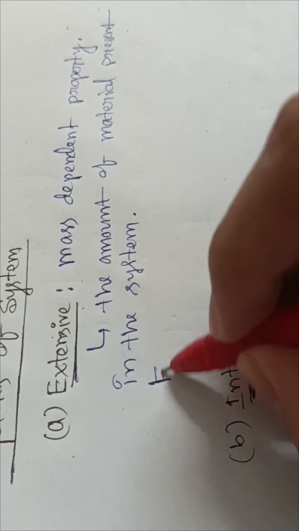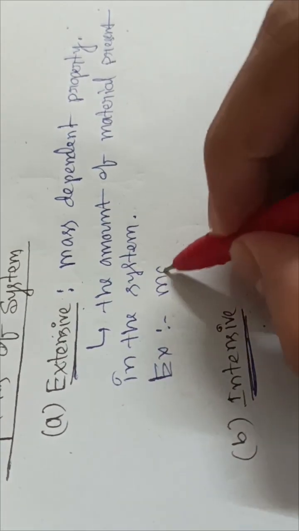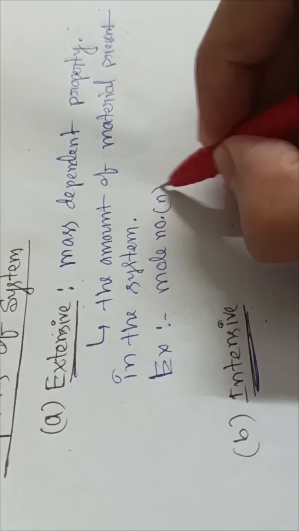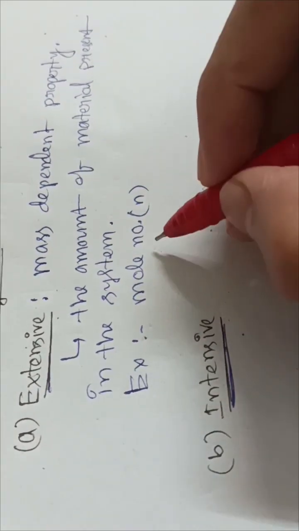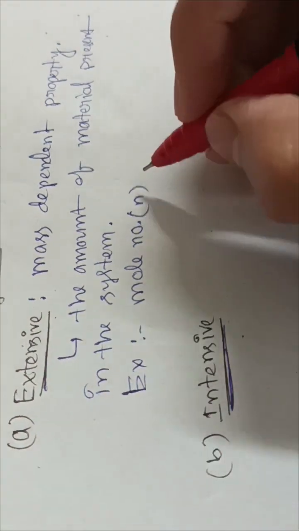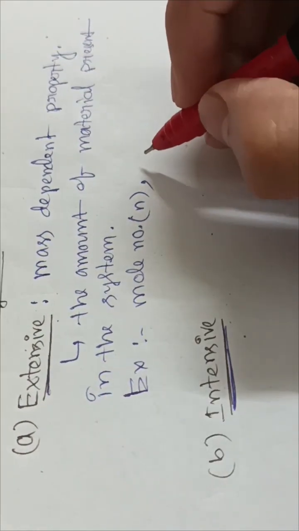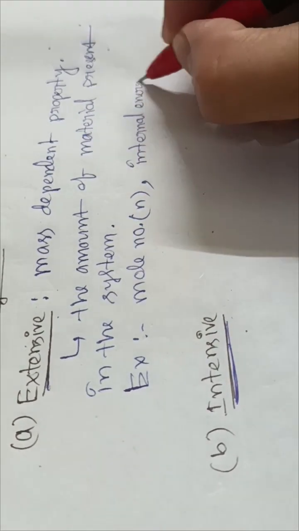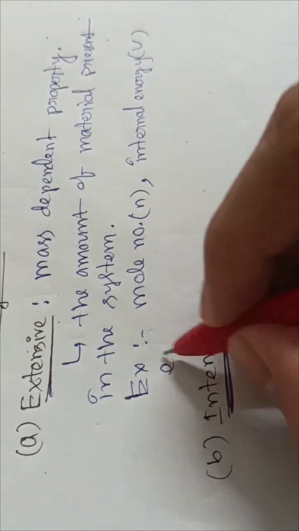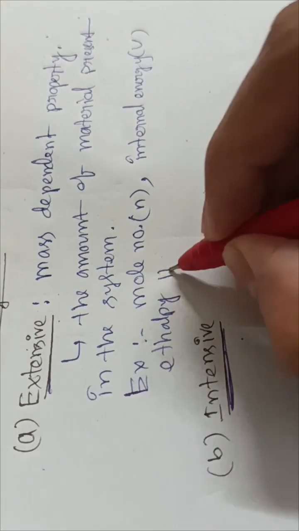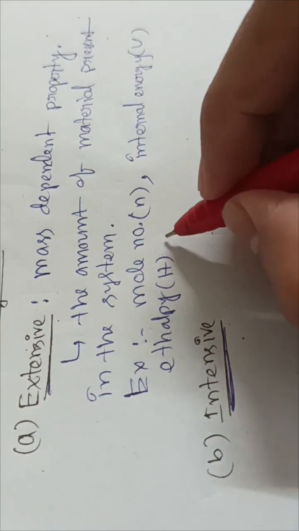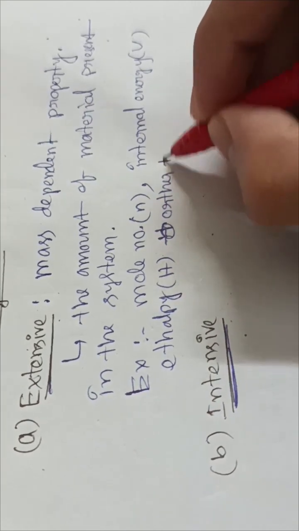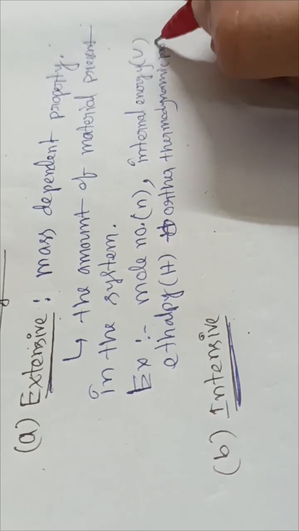This is the amount of materials present in the system, which is called the extensive property. What are the extensive properties? For example, mole number n, which defines the amount of materials present. Another is internal energy U, enthalpy H, and other thermodynamic properties.